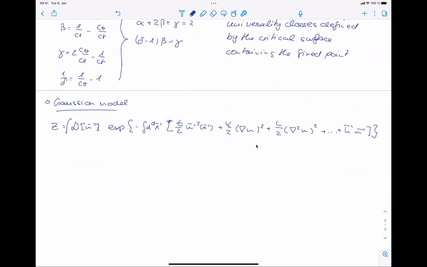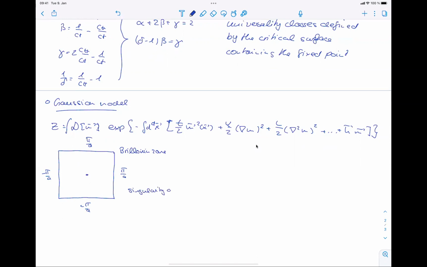And so why did I choose this example? Because here, if we go to Fourier space, which means that we're looking at the dynamics in the Brillouin zone, which I'm here sketching for 2D, we see from the Fourier space that there's a singularity at q equals 0 that's determining the behavior.